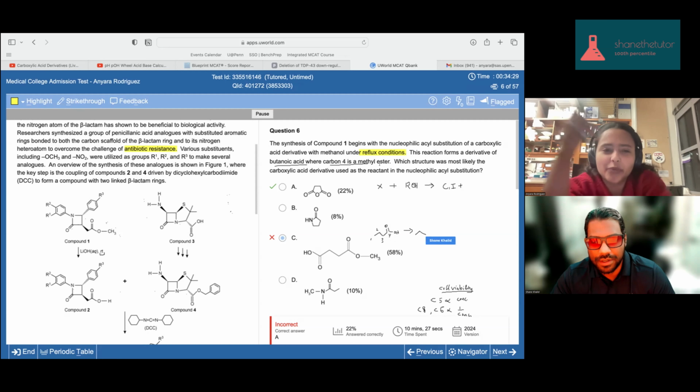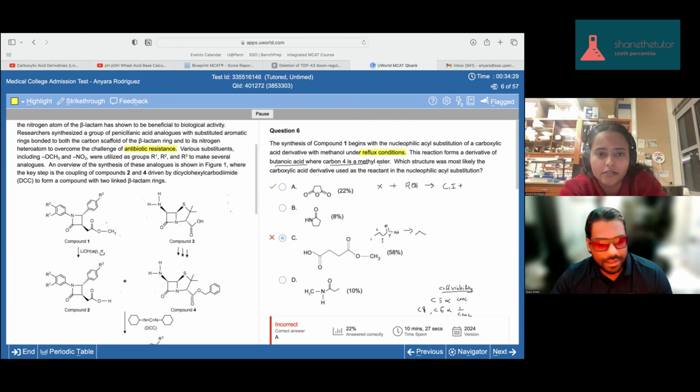Could we review that just a sec? Wouldn't you start counting the carbon from the carbonyl carbon? Oh yeah, you're right. So let's do that. One, two, three, four.